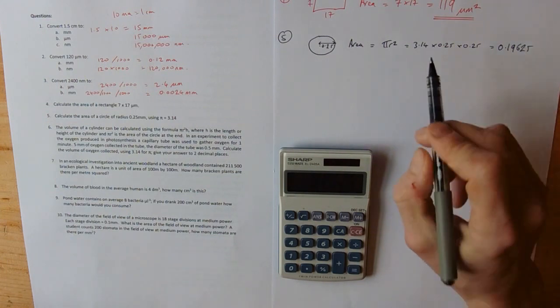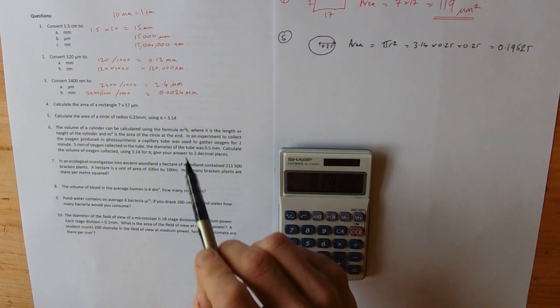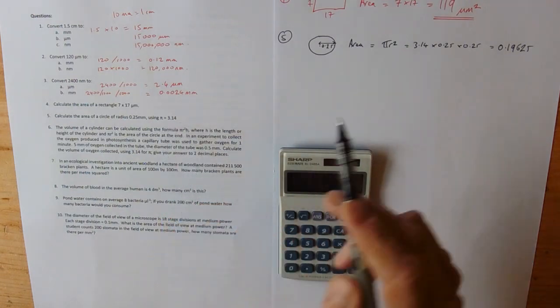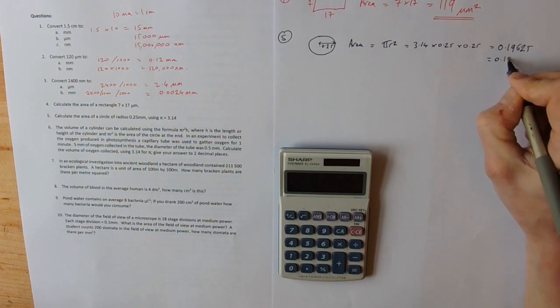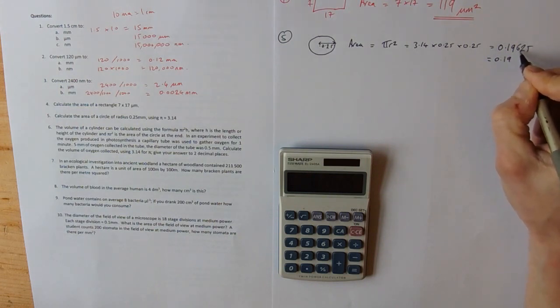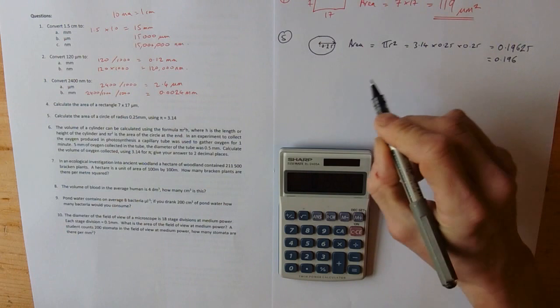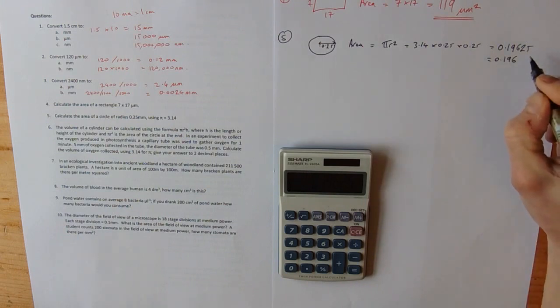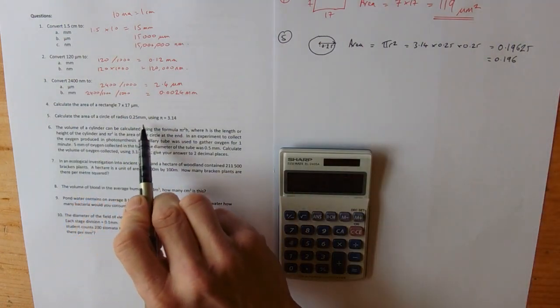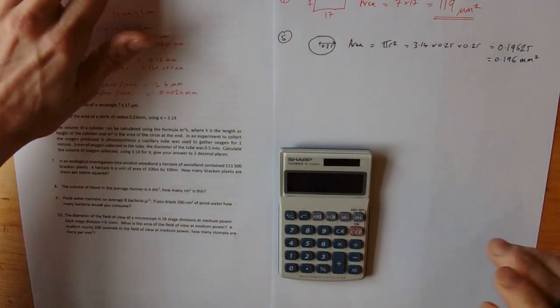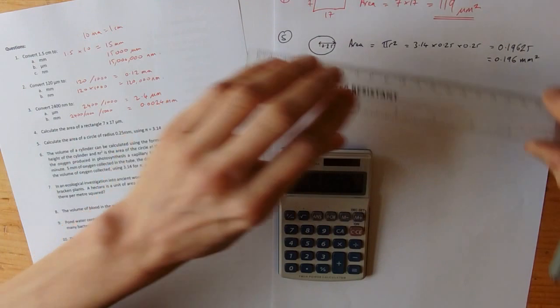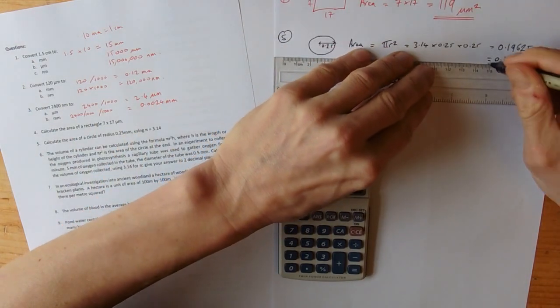I'm going to give 3 significant figures because we are given 3.14 to 3 significant figures, and that's a sensible thing to do. So 0.19, is it 6 or 7? It's going to be 6 there. The area is squared, but what were our original units? It was in millimeters. So millimeters squared, and that's our answer there.